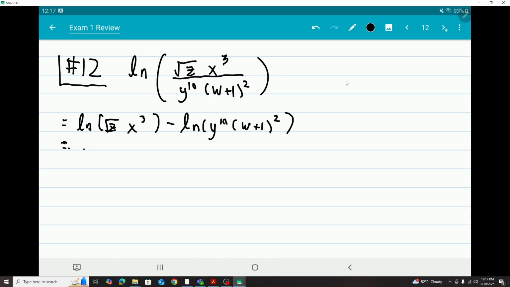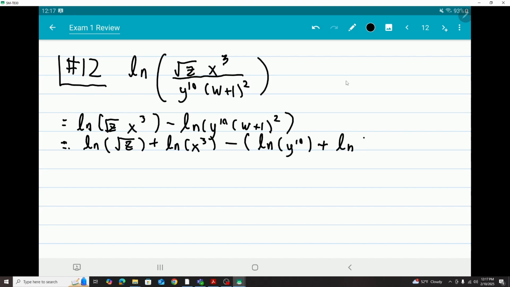So that first log becomes natural log of the square root of z plus the natural log of x cubed minus, and now I want to be real careful because I'm going to turn this into 2 logs, but they should both have a minus sign because they both came from the denominator. So I should have natural log of y to the 10th, and now I split that up, plus natural log of w plus 1 squared.